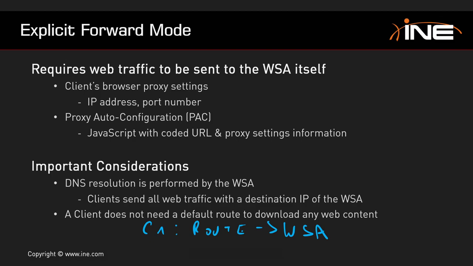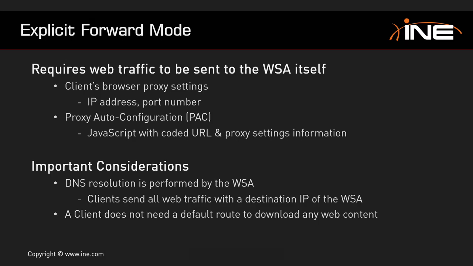Like when you're dealing with some sort of high security environment where not having a default route on a client automatically means that it won't be possible for a potential malware, like a worm, to propagate further into the network. So if you only use those clients, let's say, to browse the internet, access web pages, you technically need just one IP route so the clients know how to get to the WSA. Default route is not needed.